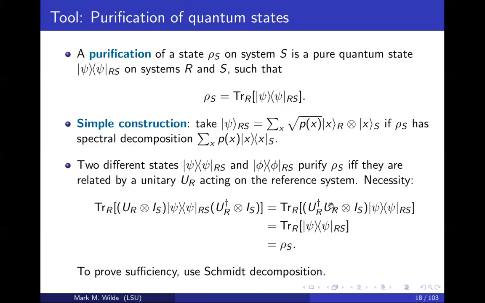And then since U is a unitary, U dagger U is identity, and identity tensor identity is just the identity. It's like nothing happened. So we get back to this statement here, starting with the assumption that psi itself is a purification. To prove the other direction, you can use the Schmidt decomposition.